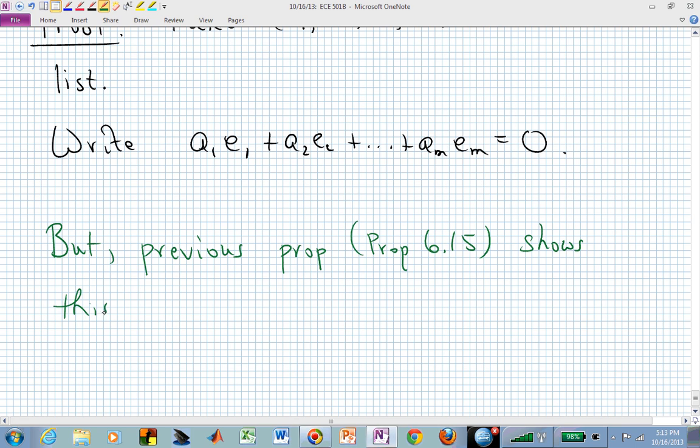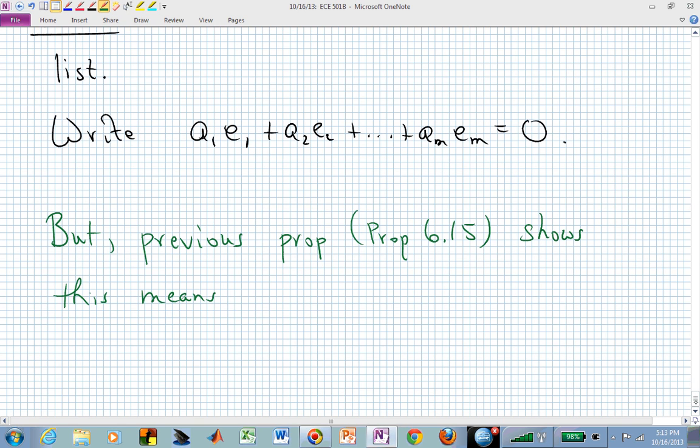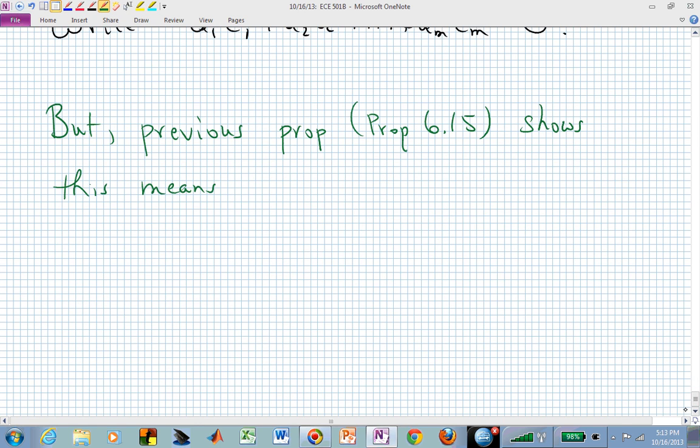So the previous proposition, proposition 6.15, shows this means what? Remember that proposition said that if we started with a1 e1, a2 e2, up to a sub m e sub m, and looked at the norm squared, well, we just said that vector was equal to 0, so we really have the norm of 0.